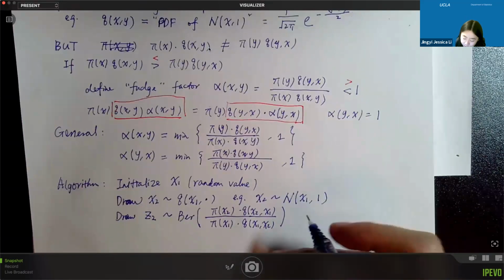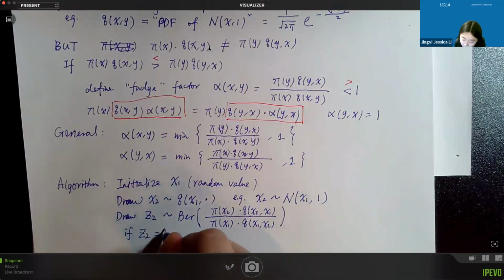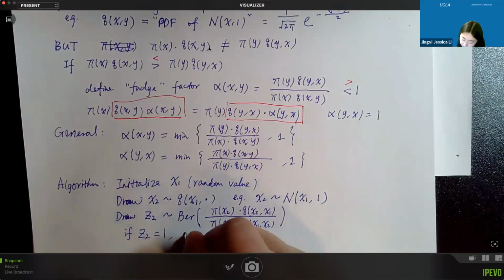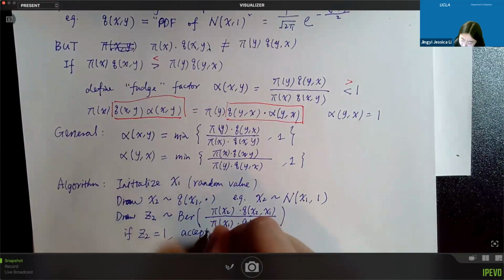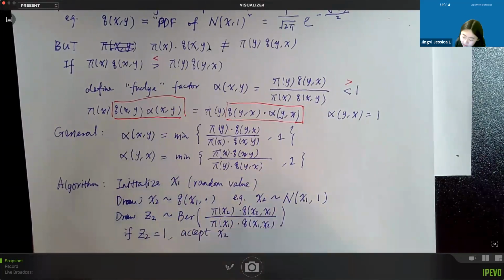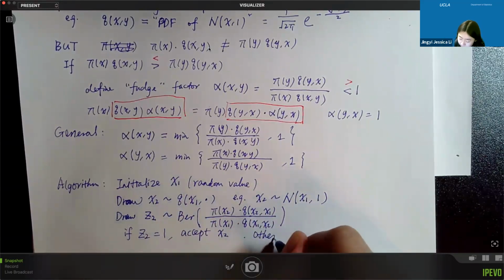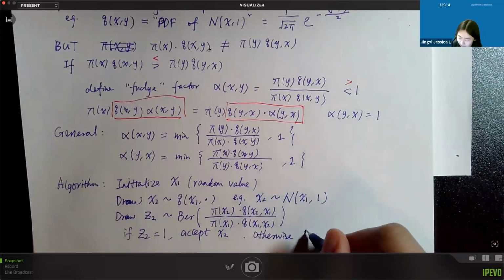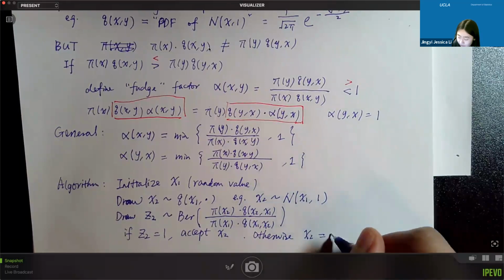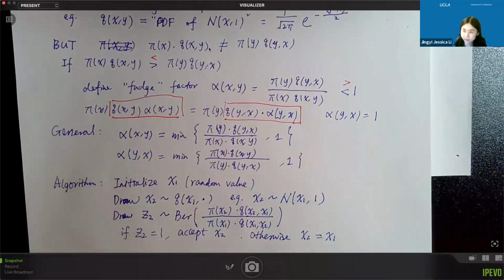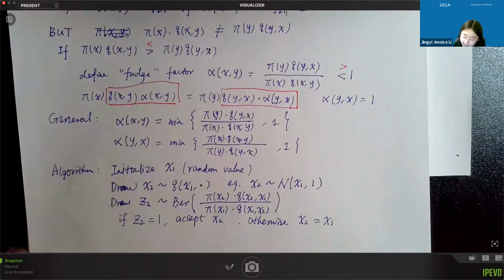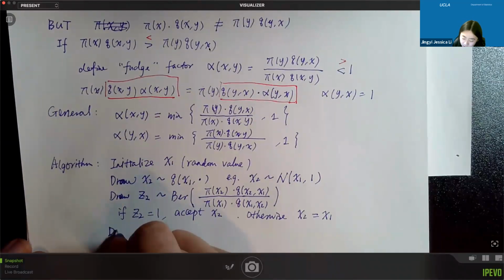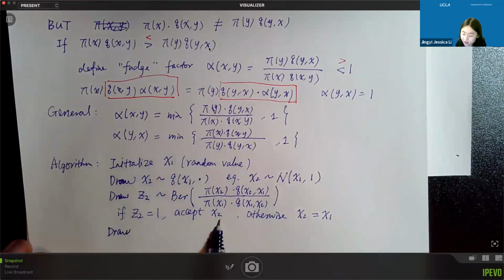If Z2 equals 1, we accept X2, okay? Otherwise, if Z2 equals 0, you set X2 equal to X1, which means that you don't accept your value. You just stay at your current value. No matter what, you have your X2, whether the new value or the old value.